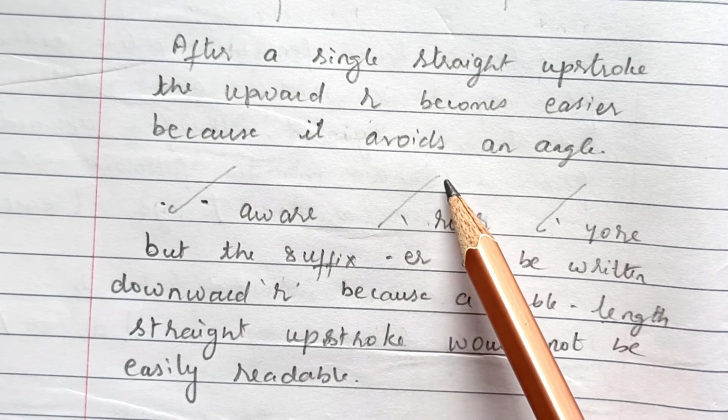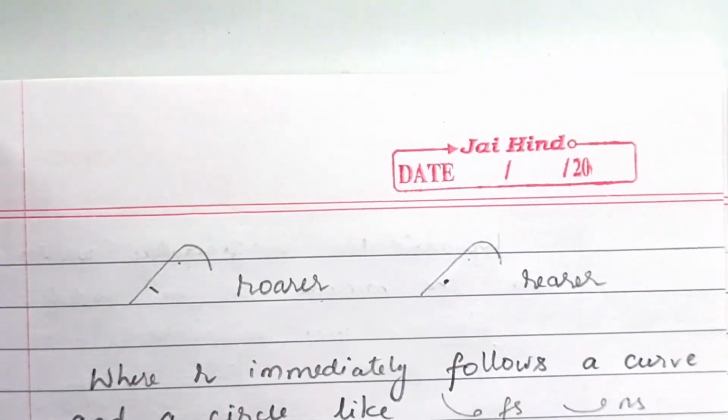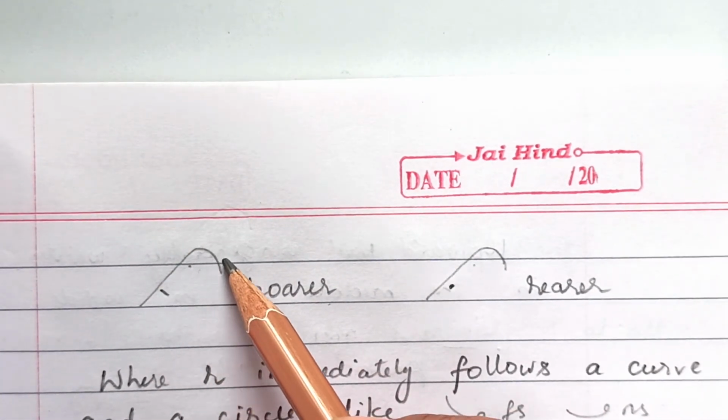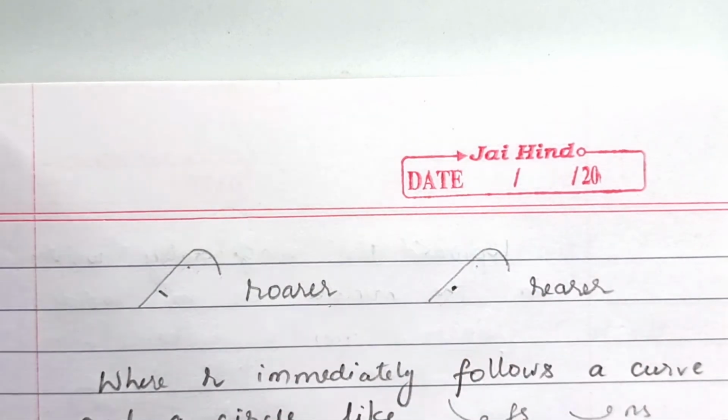Hence, we are writing a downward R for the suffix which we can see in the word roarer. So, two upstrokes of R and a downward R. In the same way, rarer.